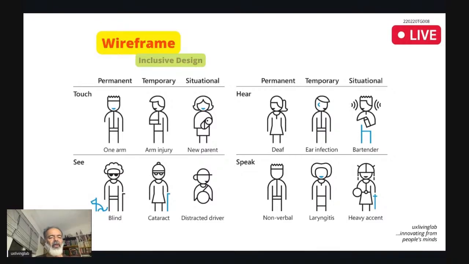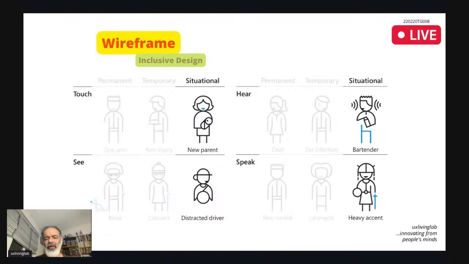For permanent disabilities we know how to design a product, because the product is specifically meant for them, or we can include them, and the percentage of people with permanent disability is very low compared to the total population we are targeting. Temporary disability is a matter of time, after which they will recover, and that people can also accommodate.